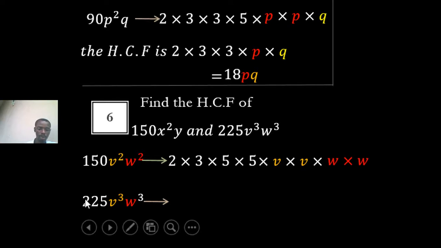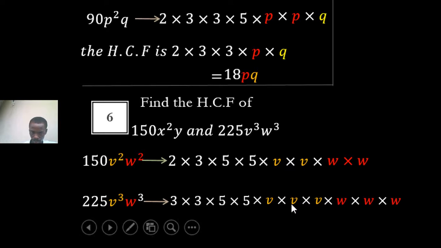Now, expressing 225 as a product of primes, I'm having 3 by 3, 5 by 5. Yes, if you break it down, you will have this. So, expressing my alphabet, that's going to be v cubed and w cubed.